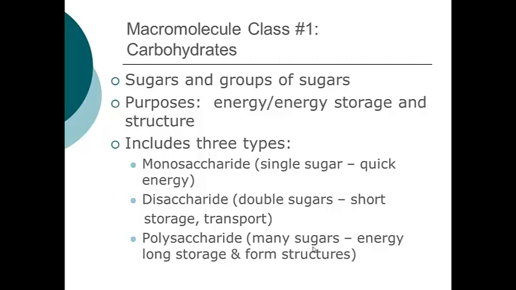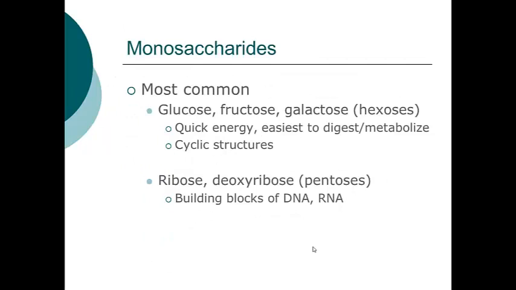And then we finally have polysaccharides, where we have many, many monomers, many simple sugars that are joined together. This is usually a form of long-term storage and a form of structural fiber that frequently is important to both plants and animals.